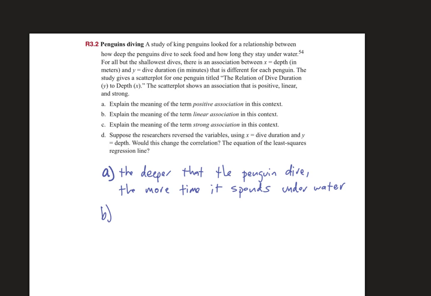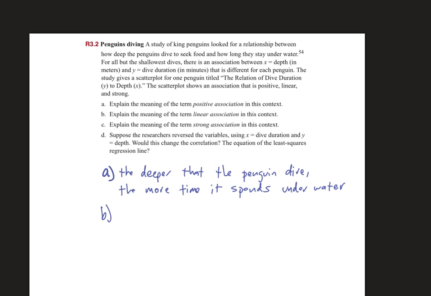Explain the meaning of the term linear association. Okay, so linear association just means, roughly speaking at least, the rate, so if you look at the depth per minute of diving underwater.